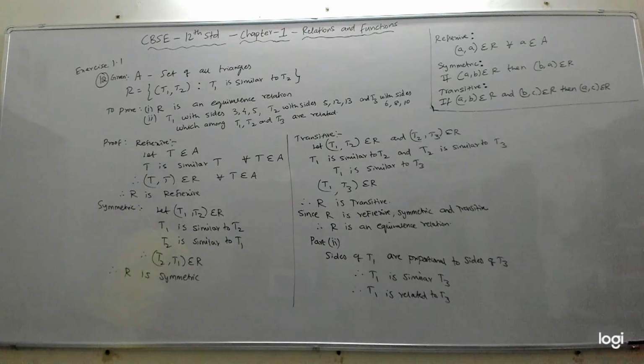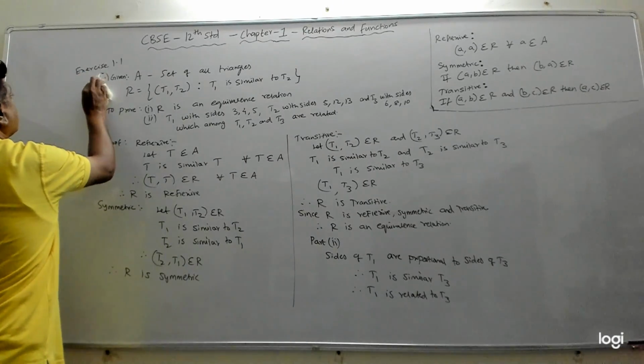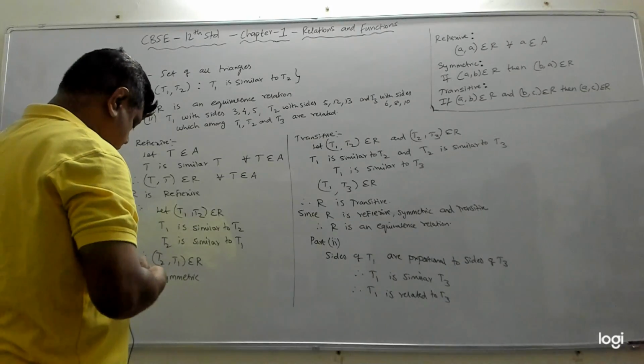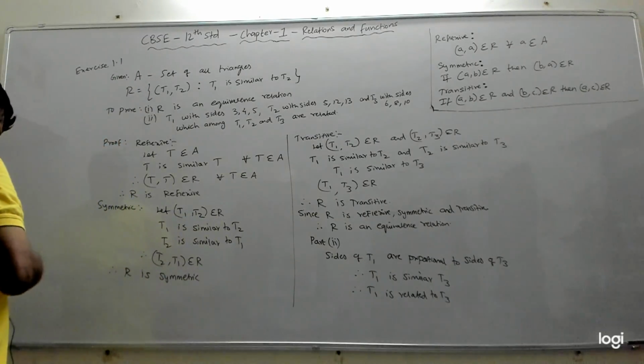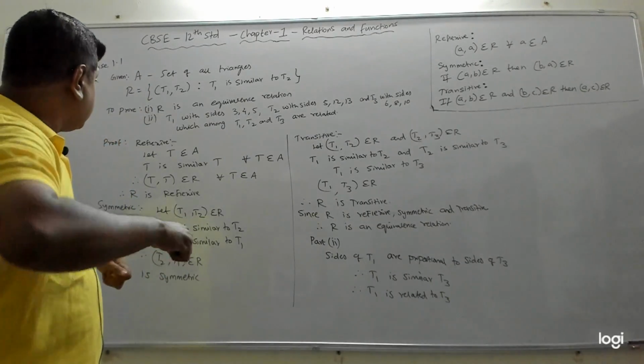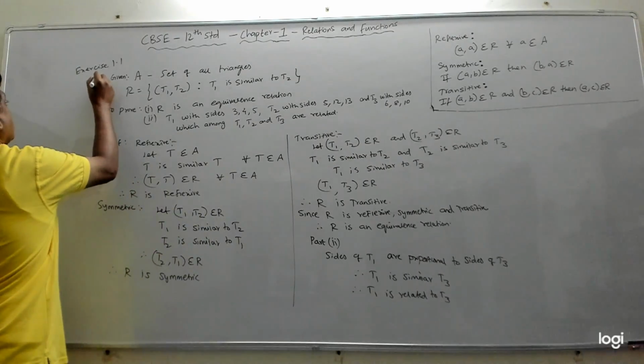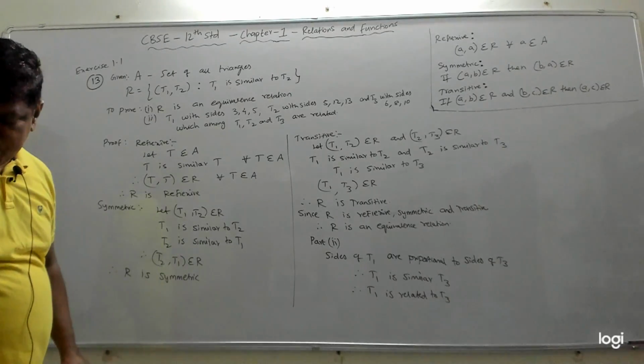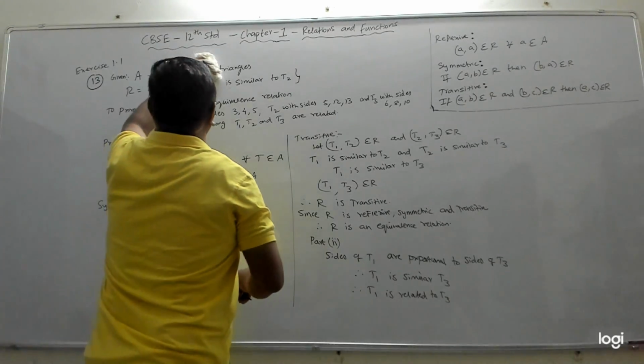We will go to the next problem, which is problem number 13. We'll do problem number 13. Take my marker. So the 13th one is what is given. So given is A is a set of all polygons.